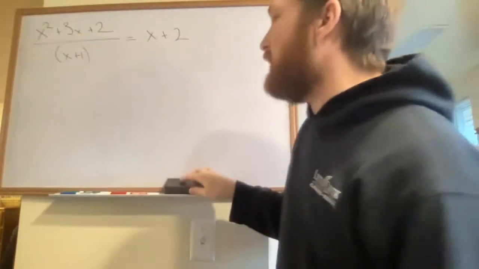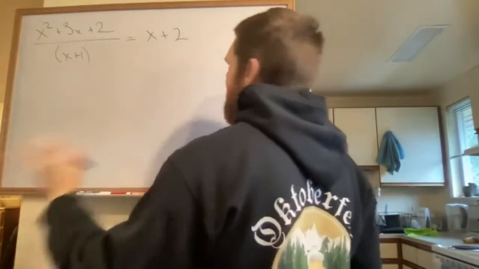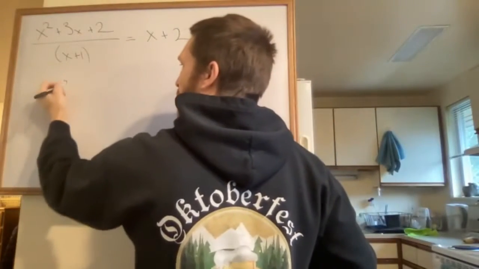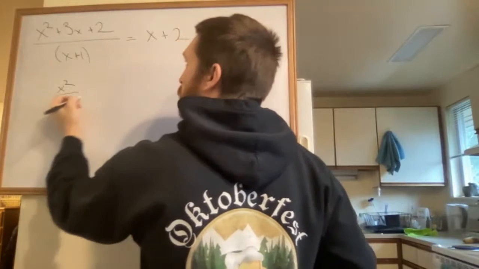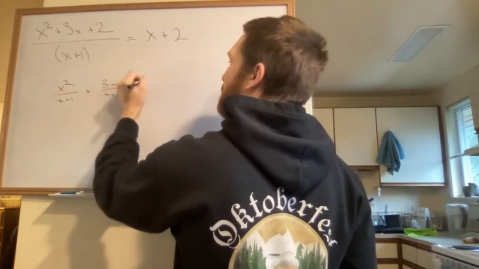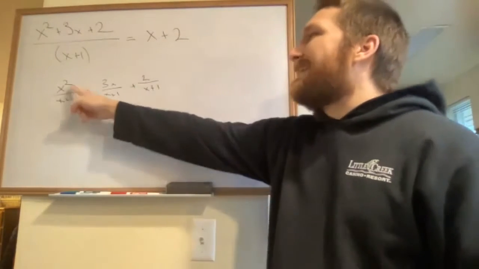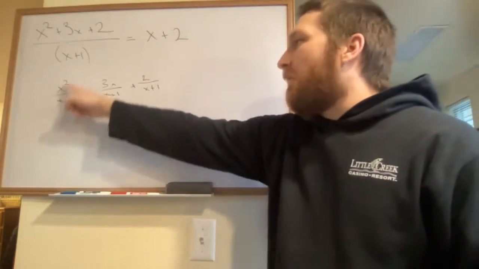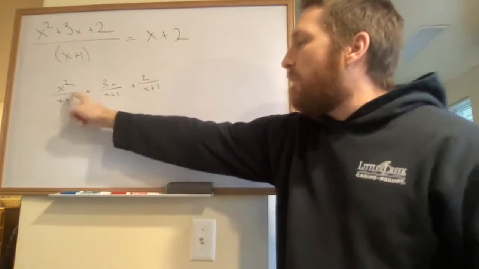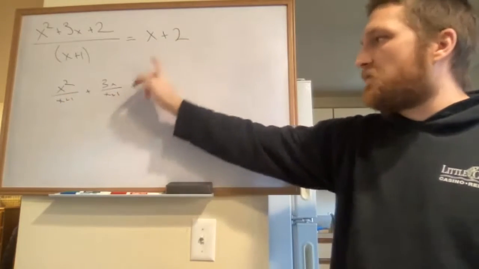The problem is, if I were to do the same trick, don't write this down, x squared over x plus 1 plus 3x over x plus 1, if I tried the same trick that I did a second ago, well, what is that? I have no idea what that is. I can't cancel anything out. 3x over x plus 1, nothing cancels, nothing cancels.